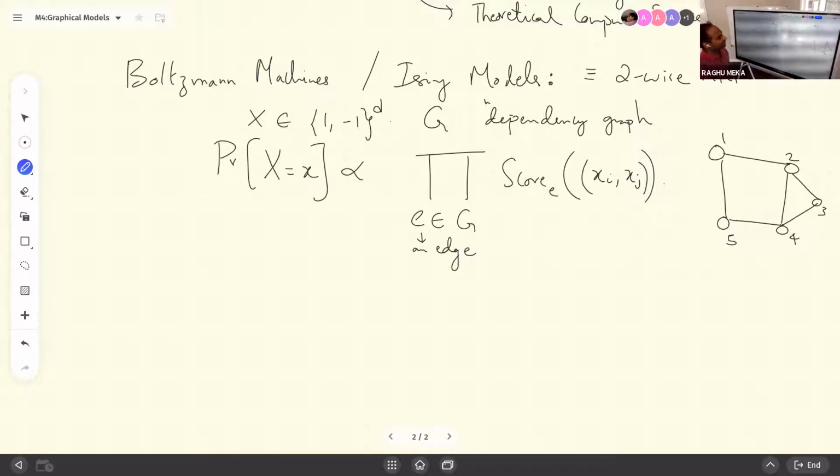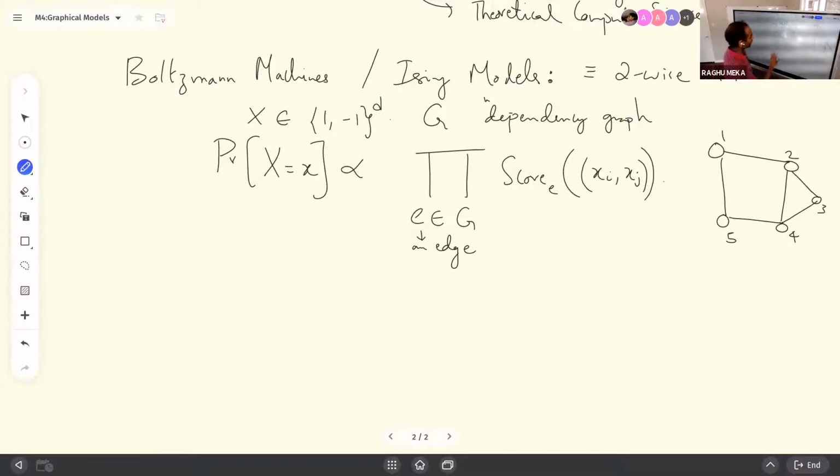So when studying graphical models, it's often convenient to not talk about score functions and taking product of score functions, but it's nicer, for reasons coming from physics actually originally, to write things as sum. So what do I mean?